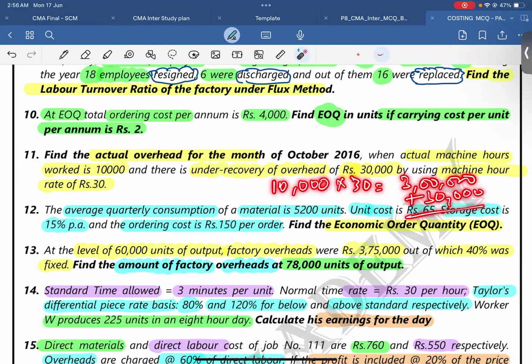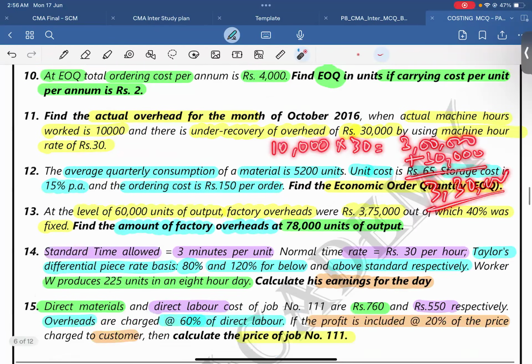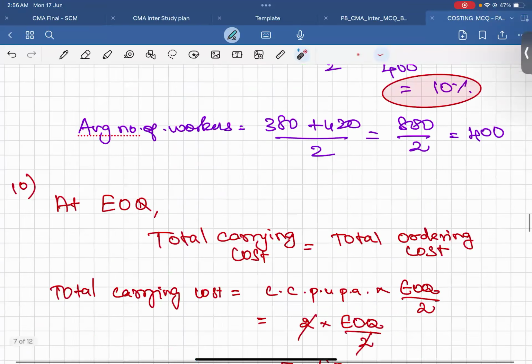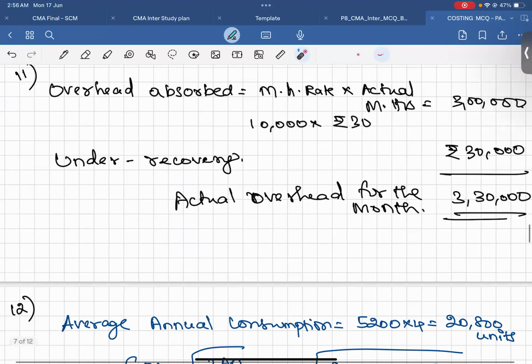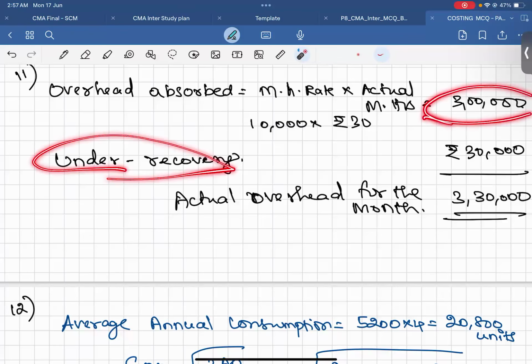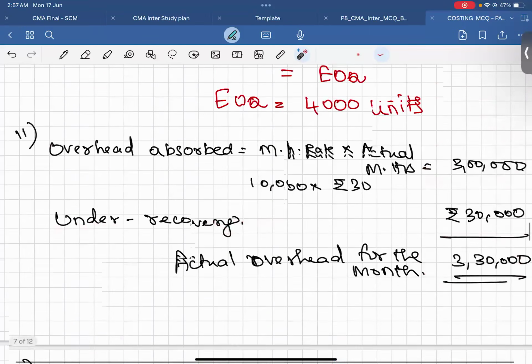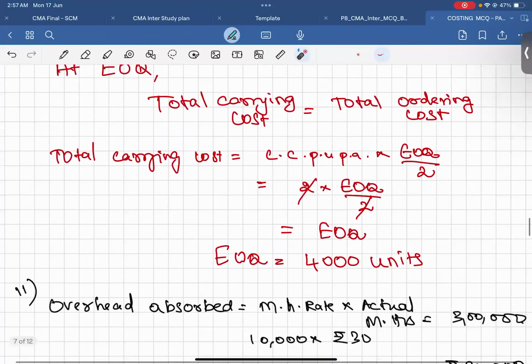That is 30,000. If you add, it will become 3,30,000. Overhead absorbed is machine hour rate into actual machine hours, that is 10,000 hours into rupees 30, which is 3 lakh. Under recovery is 30,000, so we add it. Totally it becomes 3,30,000 as the actual overhead for the month.